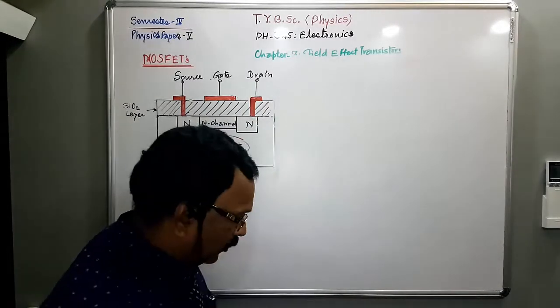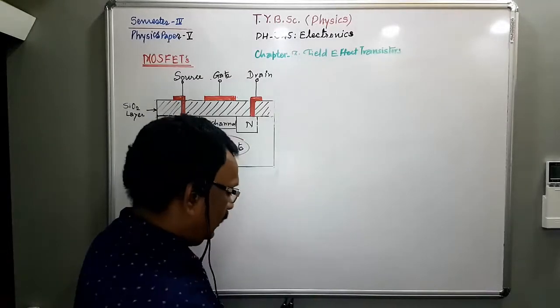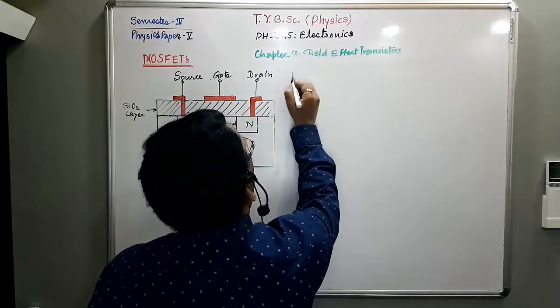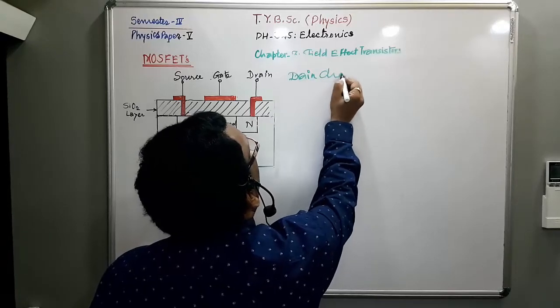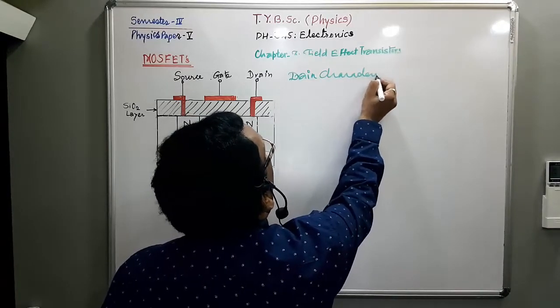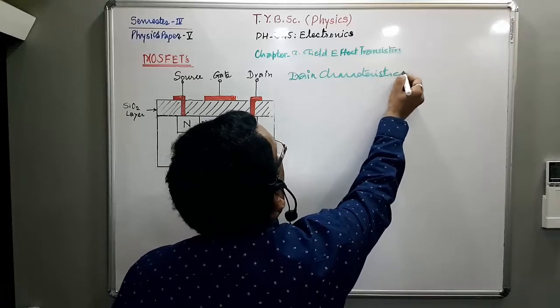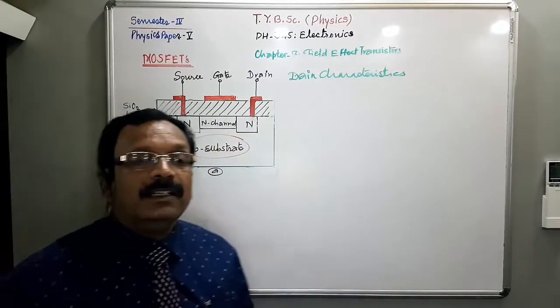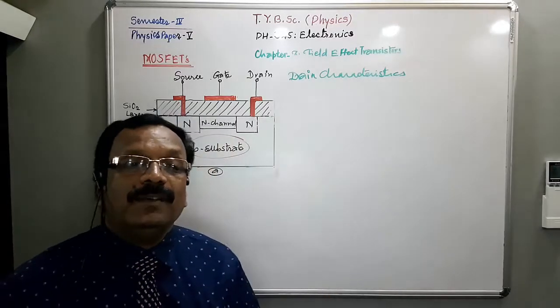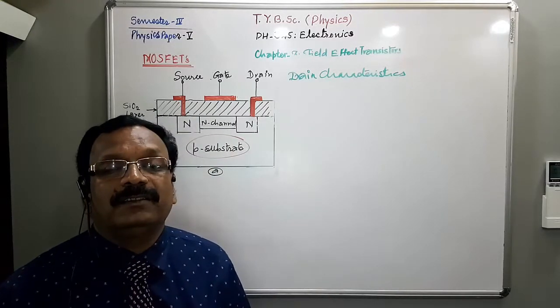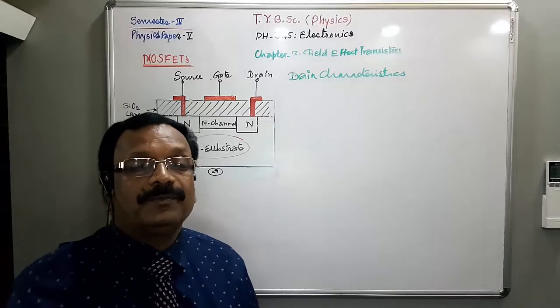Drain characteristics. There are two types of characteristics. First one is drain characteristics. The drain characteristics for N source configuration is looking like this.